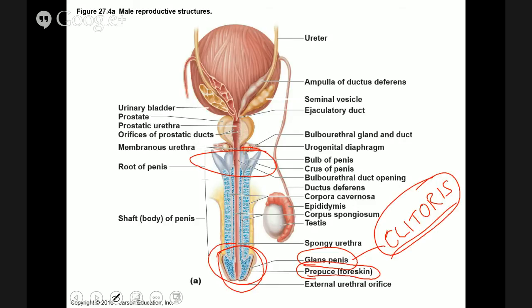If it's removed, it's a process called circumcision. In circumcision, they will remove the distal part of the foreskin, and then the glans penis will be exposed. If the foreskin remains intact, it's not removed, there's no circumcision, then the glans penis will remain covered.